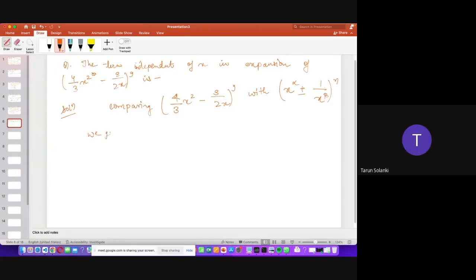So here we get α equals 2, β equals 1, n equals 9, and r is 9 into 2 by 2 plus 1. So here we can say 6 plus 1, which is your seventh term, is independent of x. Okay.